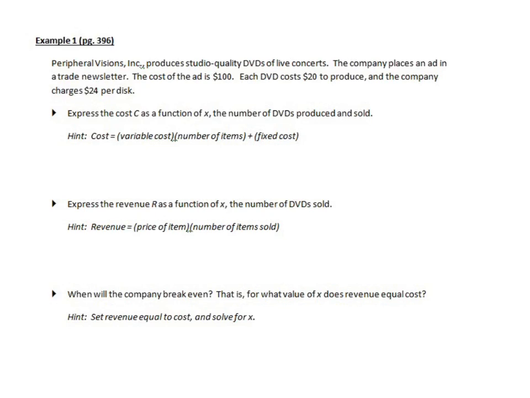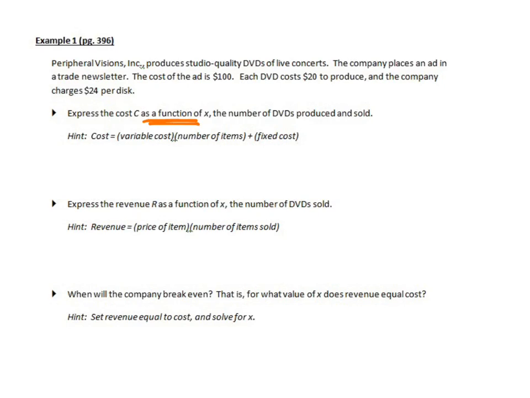All right, so when we say cost can be expressed as a function of X, we mean that the cost is dependent on the value of X. And that makes sense, right? The more DVDs you produce, the greater the cost will be.